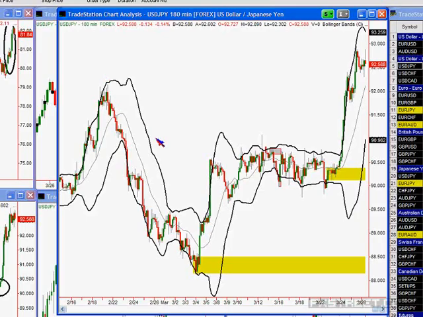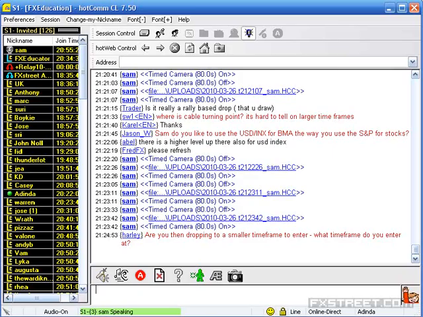Just a second. That's not going to be enough. I'm going to a smaller time frame. This pound's going to be tough. I think we're going to skip the pound right now.